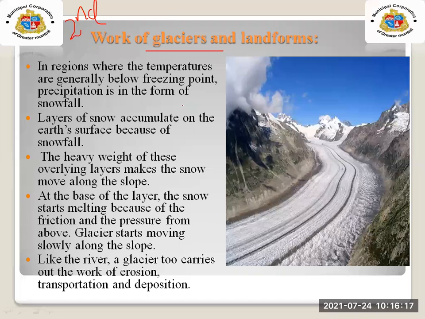Now the second is about glaciers. First we are going to see their work and their landforms, means how the work goes on with the glaciers, and which type of land has been formed by the glaciers.